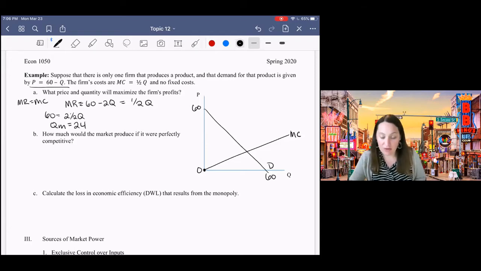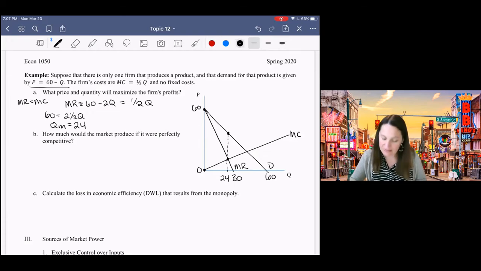On our graph, we're going to have to first plot the marginal revenue equation. The curve starts at 60, and then the x-intercept will be 30, because that's half of the x-intercept of the demand curve. Then this intersection of marginal revenue and marginal cost tells me that this is my profit maximizing quantity.